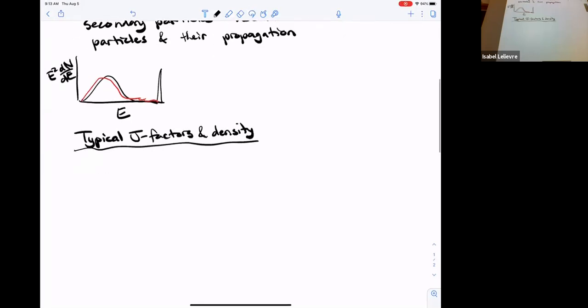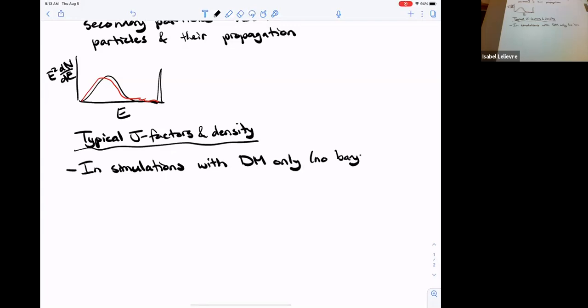So if we look at what kind of density profiles we get in simulations, if we focus first on simulations with dark matter only, the density profiles of halos are usually modeled by NFW, Navarro-Frenk-White, or Einasto density profiles.